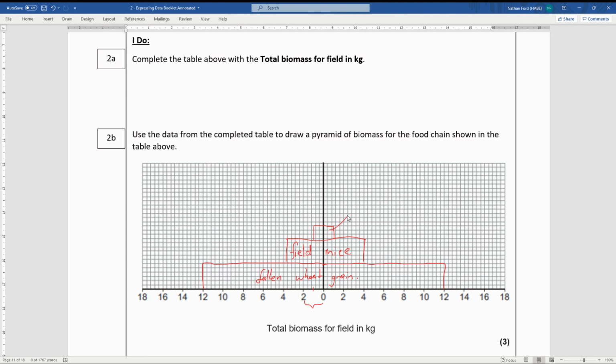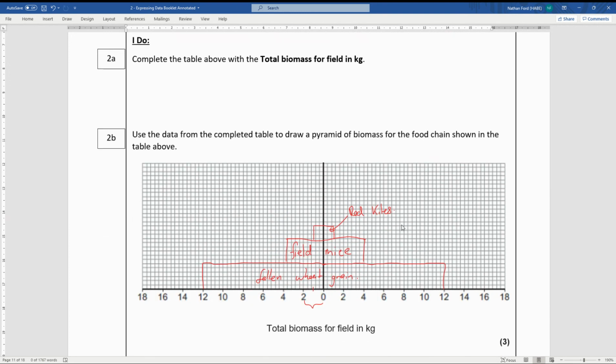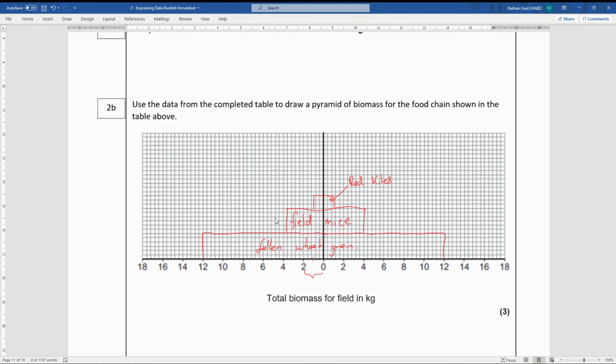And that being red kites, which if you didn't know, is a type of bird. Okay. And that's it. It's just like a bar chart. It just has a pyramid. So treat it as a pyramid, build from bottom and up.